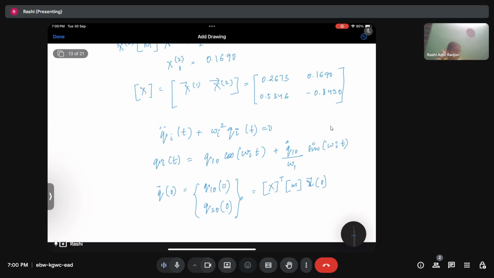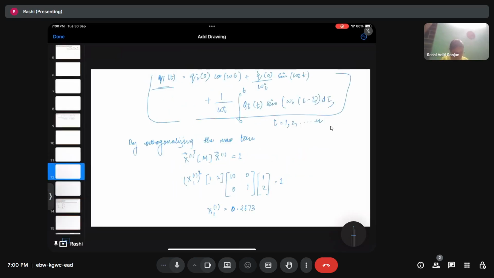From where are we getting this? See, we had q written over here. This equation we have, right? Now we have to find q of 0, the vector at q0. Okay, just a second. I must have written the value somewhere.